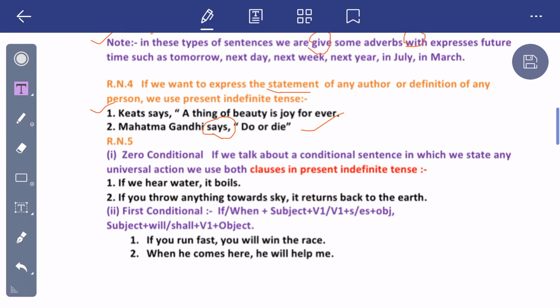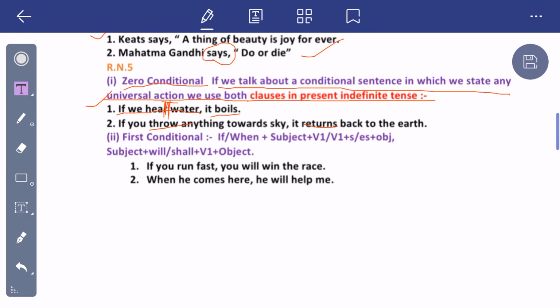Now look at the second part. What is the second part? The first conditional. First is the zero conditional, and the second one is the first conditional. It is also given in that conditional topic. What is the conditional word here? If or when. If in a sentence you are given if or when, then with the first conditional you have subject plus v1 plus s or es plus object.